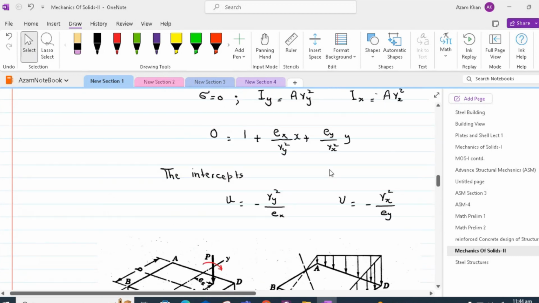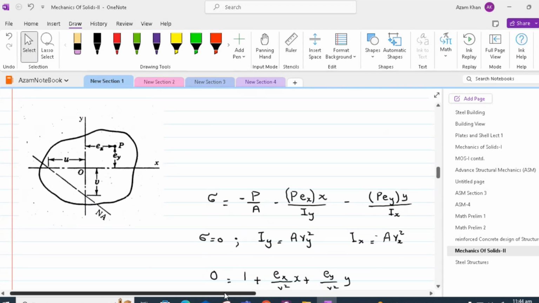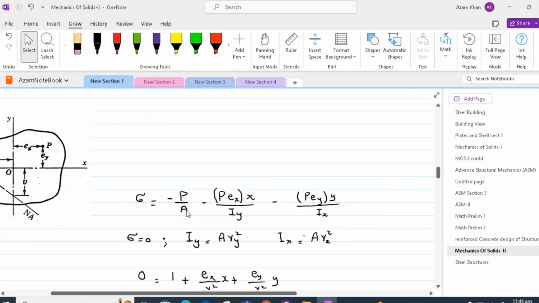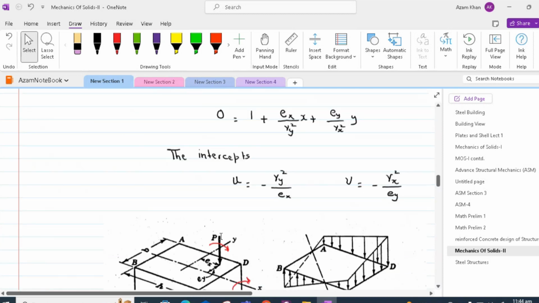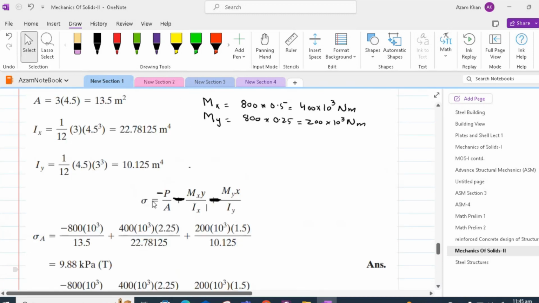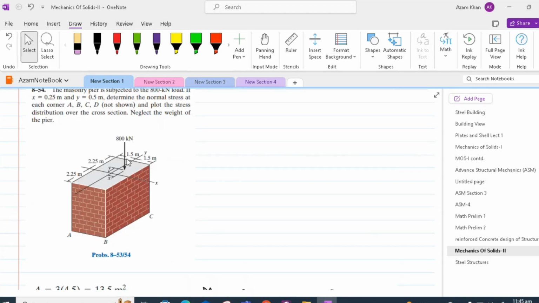This combined stress equation is the same which we derived previously. So in this equation, we have got sigma equal to minus P by A minus Mx y over Ix minus My x over Iy. This equation is written with respect to the quadrant where the concentrated load is applied.